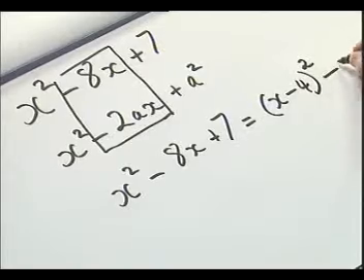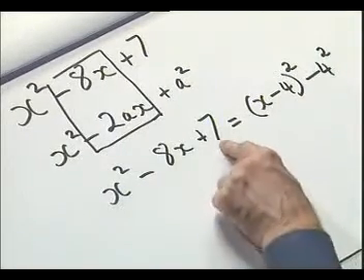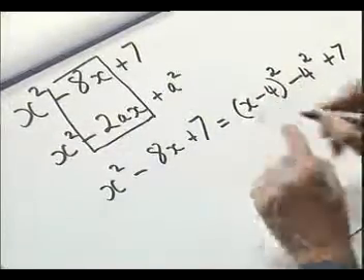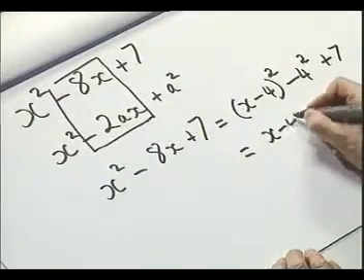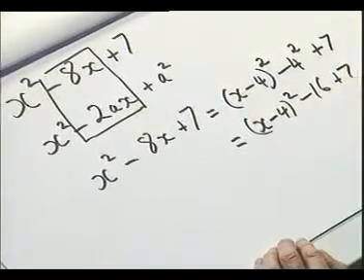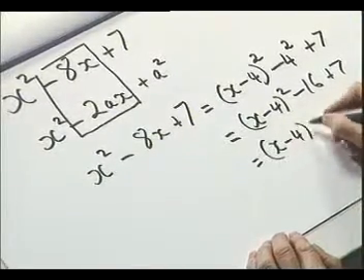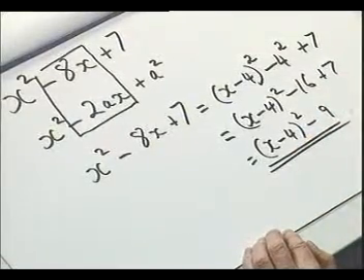So I must take away 4 squared. And then I've got the 7 that I need to add on to keep the equal sign. And so this is now x minus 4 all squared minus 16 plus 7. So that's x minus 4 all squared minus 9.